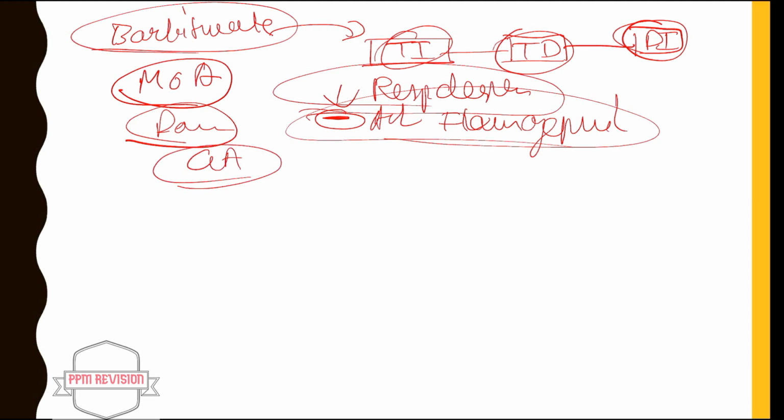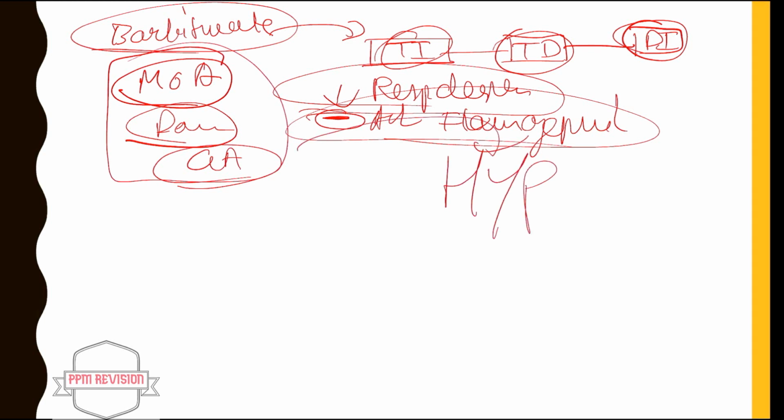So similar mechanism of action, it causes hyperpolarization and CNS depression. Just remember, in case the mechanism of action of benzodiazepines and barbiturates is asked, we need to know that there is CNS depression, and CNS depression is a result of hyperpolarization of the membrane. So that's how it came.